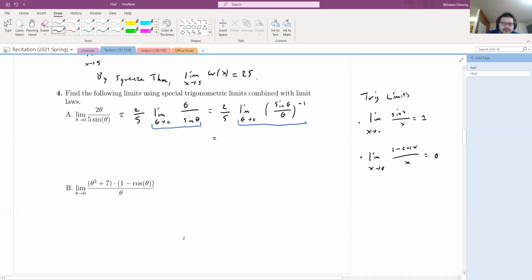And so there's another property of limits where, when you're exponentiating, you can push the limit into the base. Like so. And then this is where it makes a bit of a difference, because if this limit wasn't 1, you would have to reciprocate whatever the value is. Here we just nicely get the fact that it is 1, and so we get 2/5 times 1, which is 2 over 5.